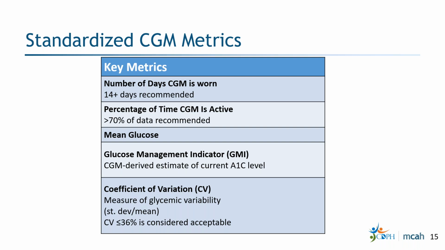Is the person going up and down all the time, or is glucose more steady? And this is very unique to CGM that we do not get with A1C, which is just an average. And we know that it's certainly not ideal for someone to be having this roller coaster, as well as it usually indicates this person is having more hypoglycemia if they have a high coefficient of variation.